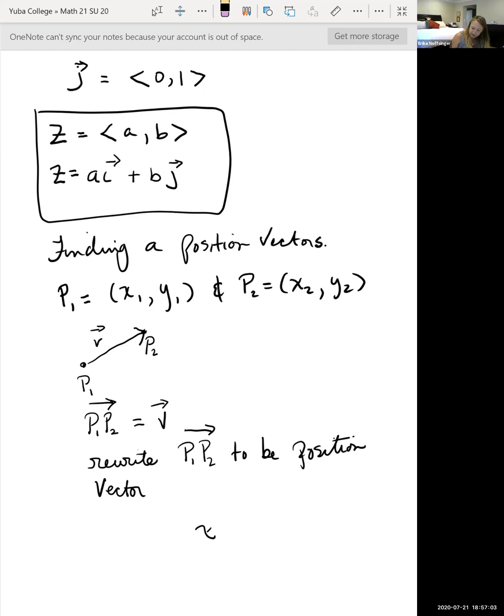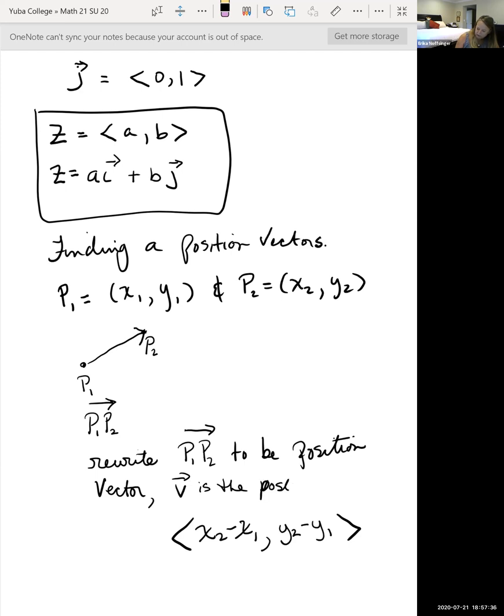So x sub 2 minus x sub 1, that is going to give you your new x value, and finding the change in your y value, so y sub 2 minus y sub 1. Maybe let's say v is the position vector of P sub 1, P sub 2.